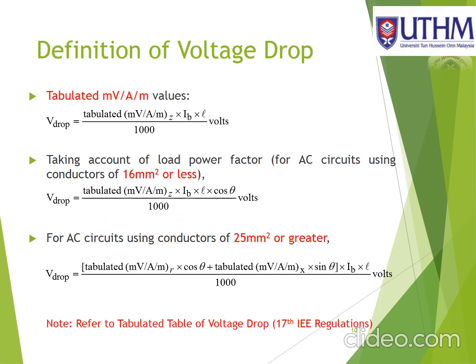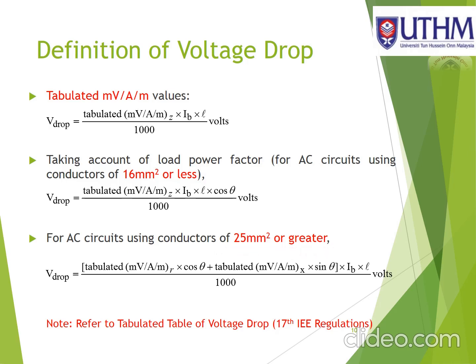Voltage drop is equal to tabulated mV/A/m Z times IB, and then times length and times the power factor, divided by 1000. This one is for 16 mm squared or less. The second condition is for an AC circuit using conductor of 25 mm squared or greater.